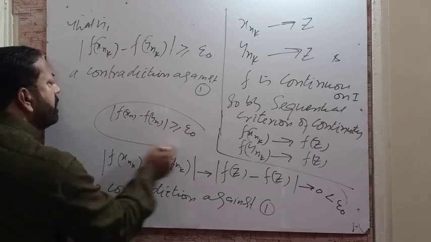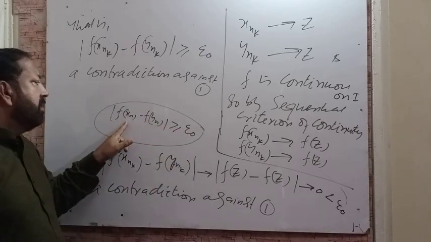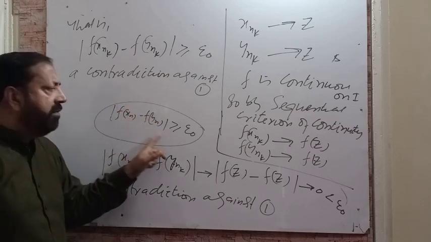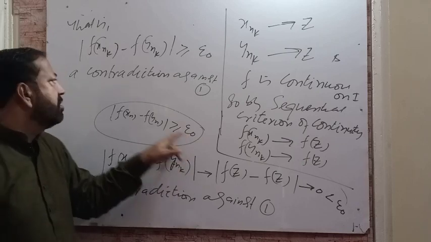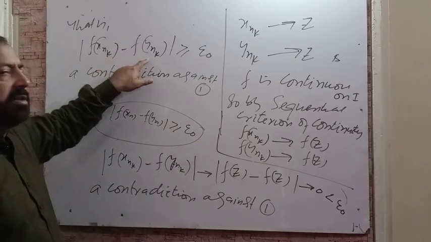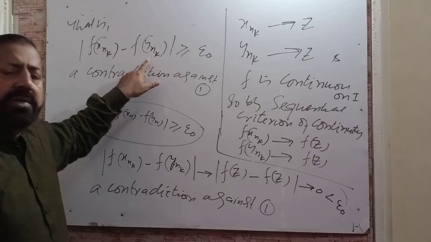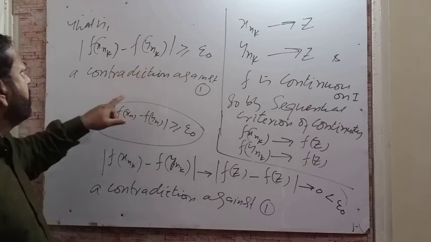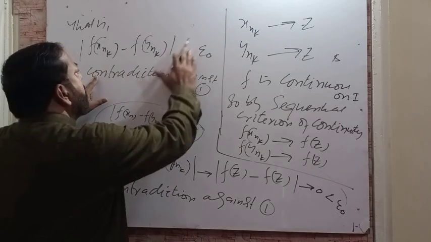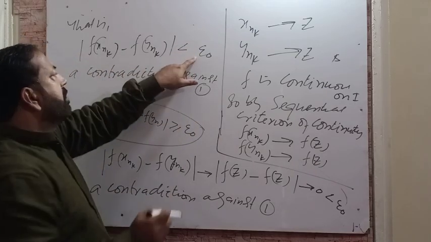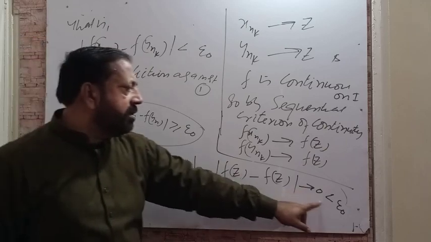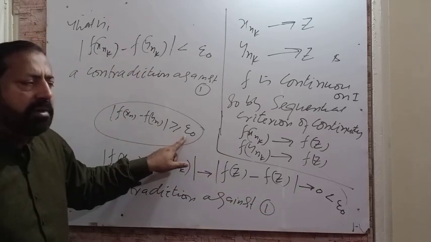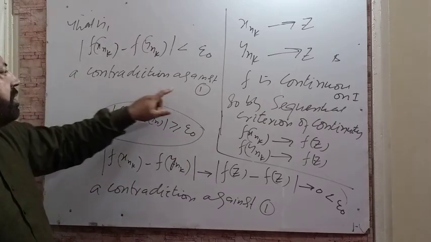Since f(x_n) minus f(y_n) are following this condition, their subsequences f(x_nk) minus f(y_nk) must also satisfy this condition. But on the other hand, you have established that this is less than epsilon naught, but you have assumed that this is greater than or equal to epsilon naught, right? So that's why you have a contradiction against 1.